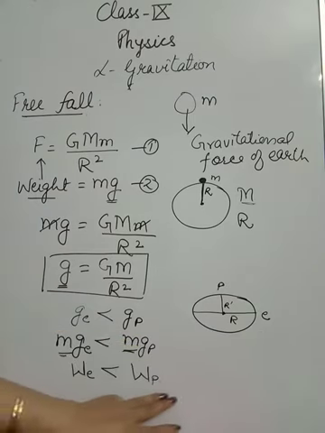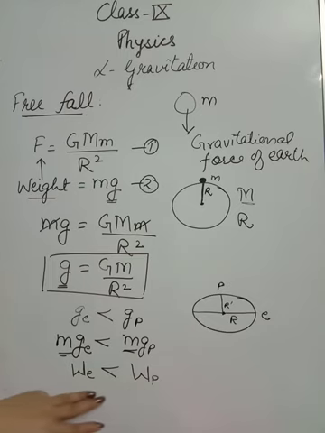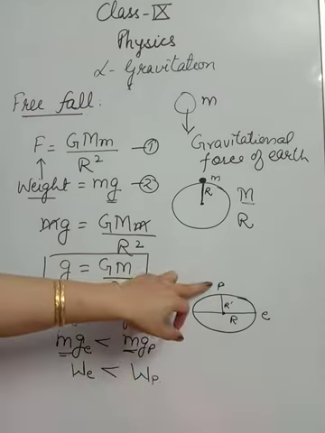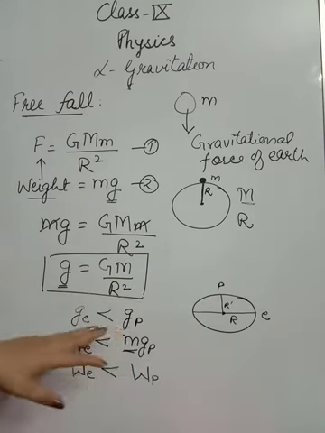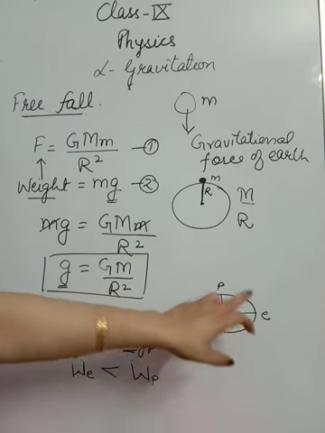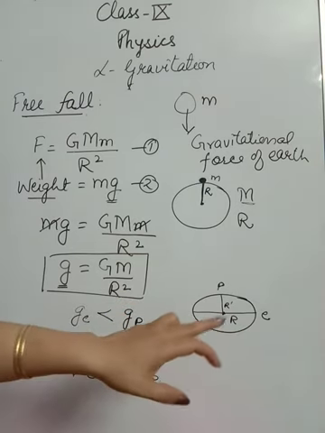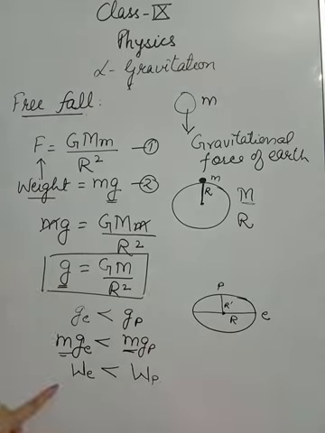This inequality gives us the relation that the weight of that gold at the equator will be less than whatever his friend has measured on the poles. So that is how your g changes with the shape of earth, and that is how the weight of an object changes from one place to another.